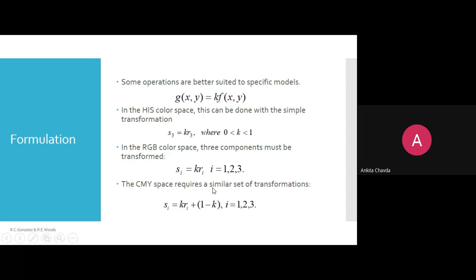Here both are included. If it is CMY, again it is very similar, Si is equal to K Ri. And if it is CMYK, that is for the black color. So you are simply subtracting that 1 minus K over here.